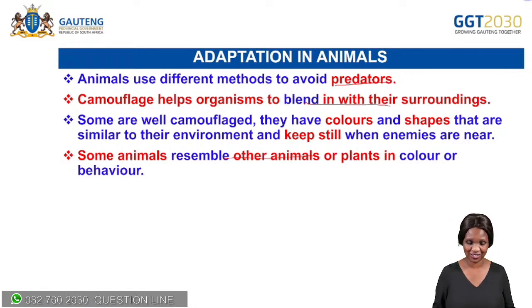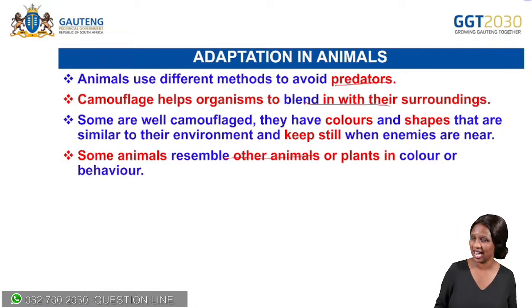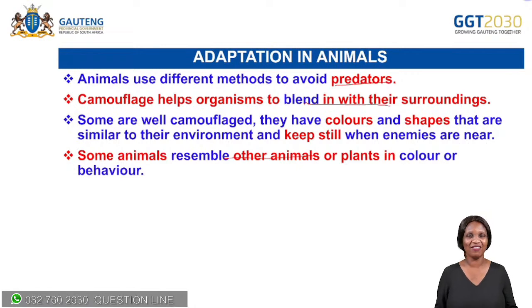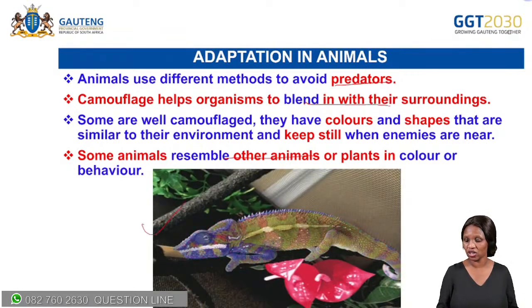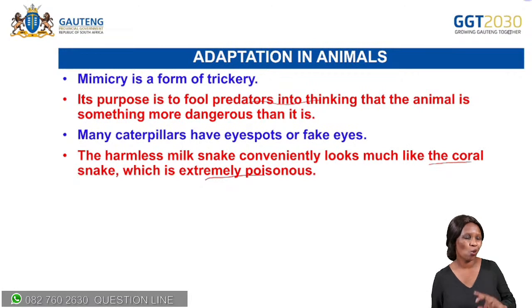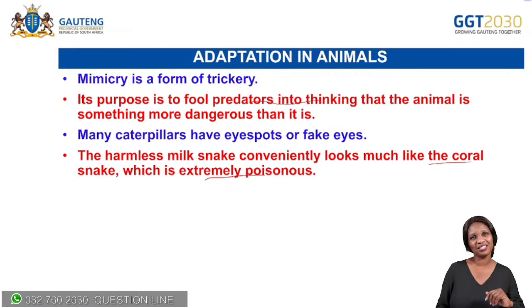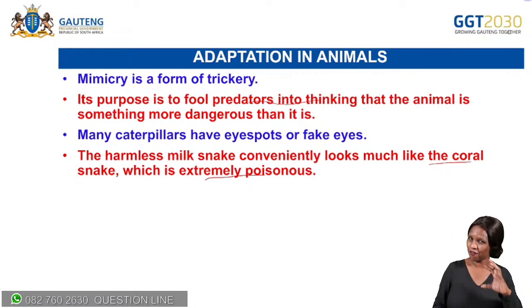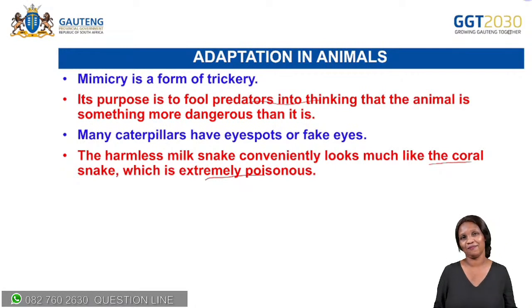Very clever, isn't it? Many caterpillars have eye spots or fake eyes. And then the harmless milk snake conveniently looks much like a coral snake, which is extremely poisonous. Then its predators won't attack it, thinking that it is a poisonous, venomous snake, when it is not.